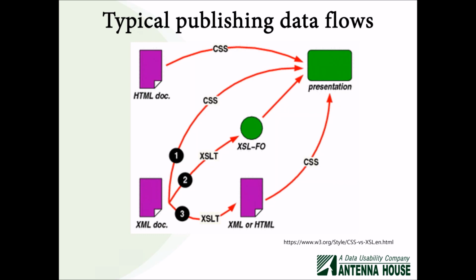I can also use XSLT and XSL-FO to go to the output. Or I can take the XML, go to XSLT to HTML for the web or CSS for the presentation. So there's different ways to do the data flow.